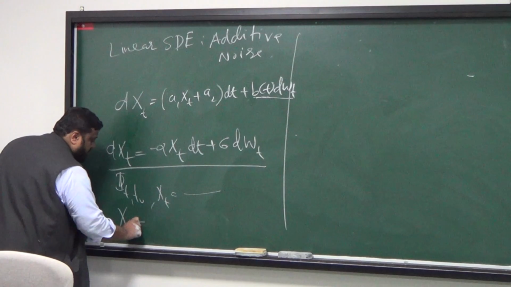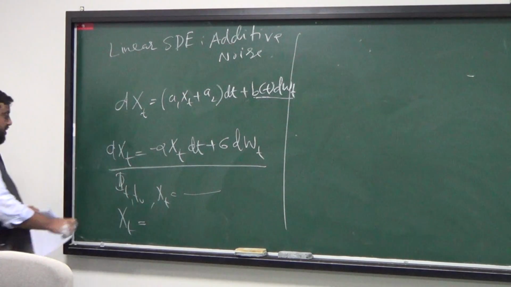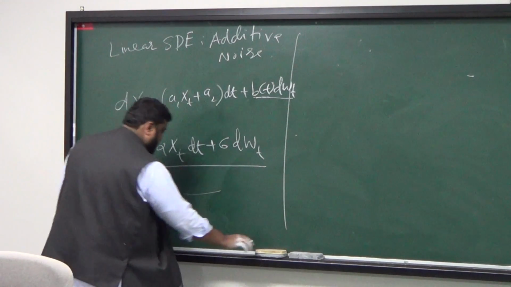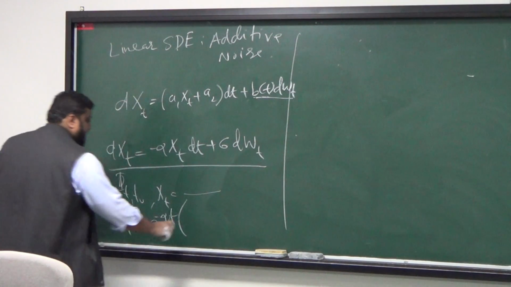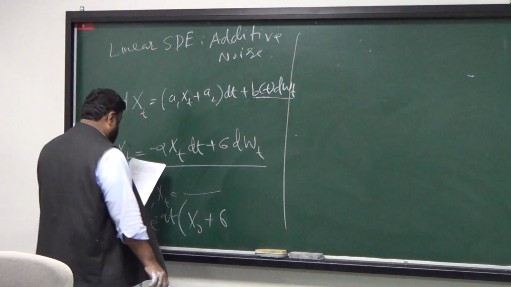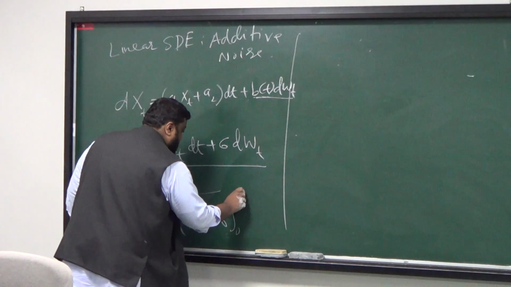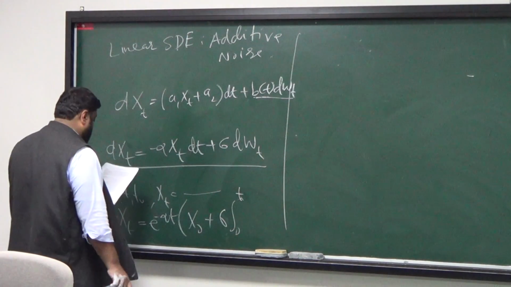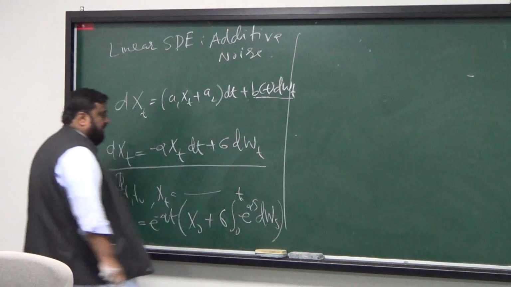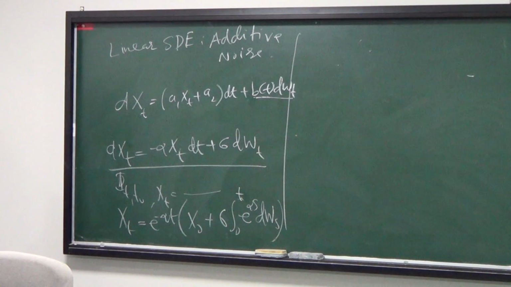We constructed the solution: x_t = e^{-alpha t} x_0 + sigma times the integral from 0 to t of e^{alpha s} dW_s. This was solved by us in our previous two lectures.